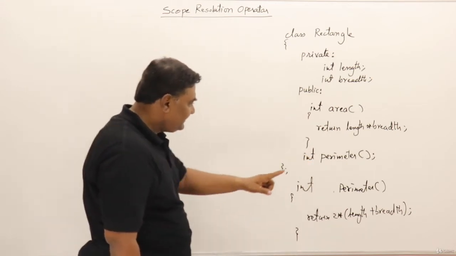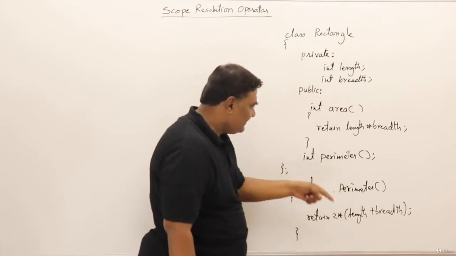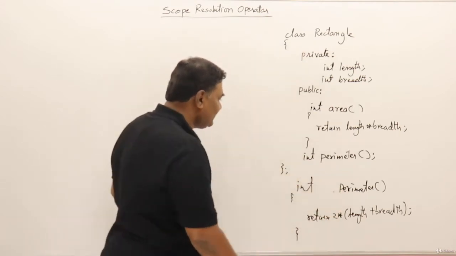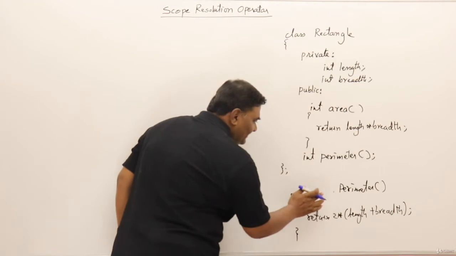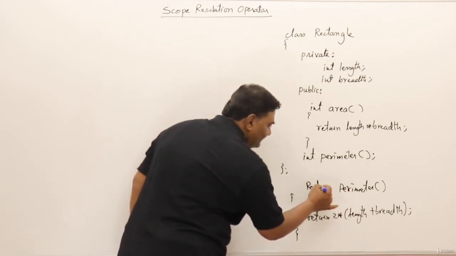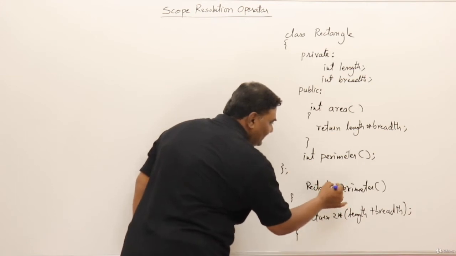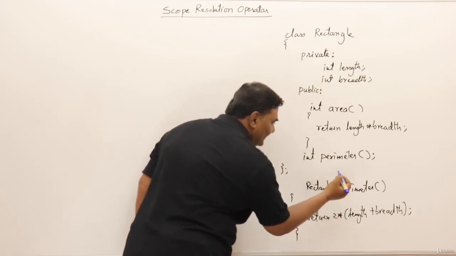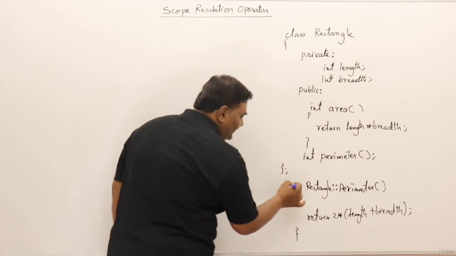Then I should say that this perimeter is the same as this one, which belongs to rectangle. For that, before the function name, I should write the class name, rectangle, and double colon, that is scope resolution. Before that, we write the return type.